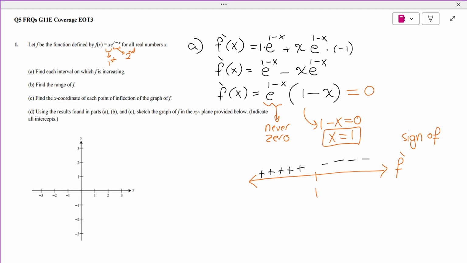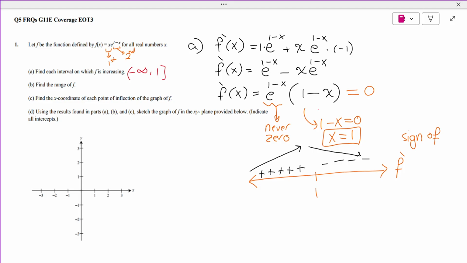I'm substituting those test points into f prime of x. Positive means that the function is increasing. Negative means that the function is decreasing. So the question says find each interval on which f is increasing. It's increasing from negative infinity all the way to 1. That would be the answer of part A. Or you can just make the 1 included.